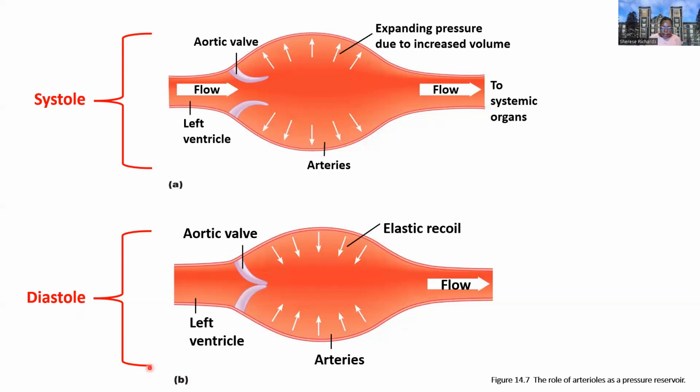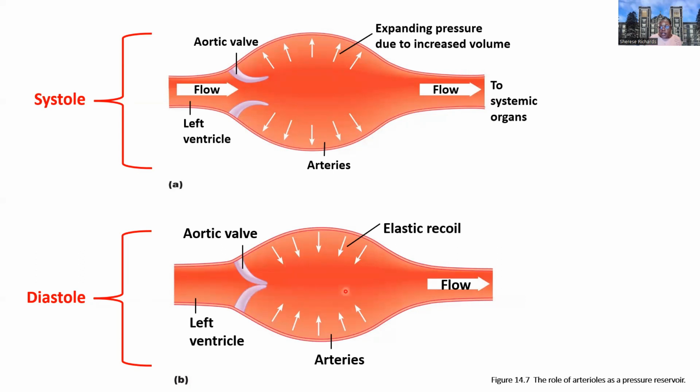Now, during diastole, when the valve closes, right, the ventricle is relaxing, so the AV valves are open, the aortic valve here is closed. Now we can recoil that elastic vessel, and we can use that as a means of pressure to exert on the blood that's sitting in this vessel to keep flow constant, even though the semilunar valve is now closed.